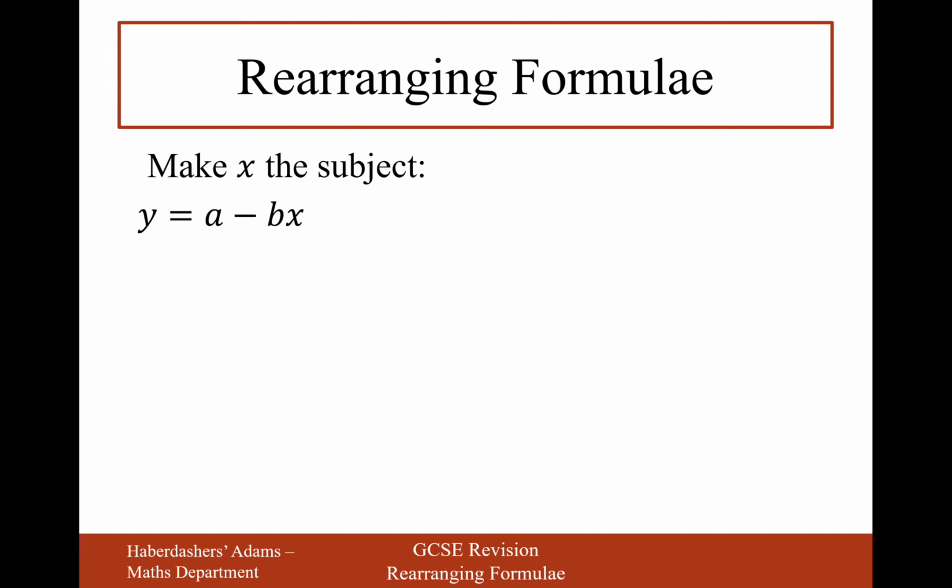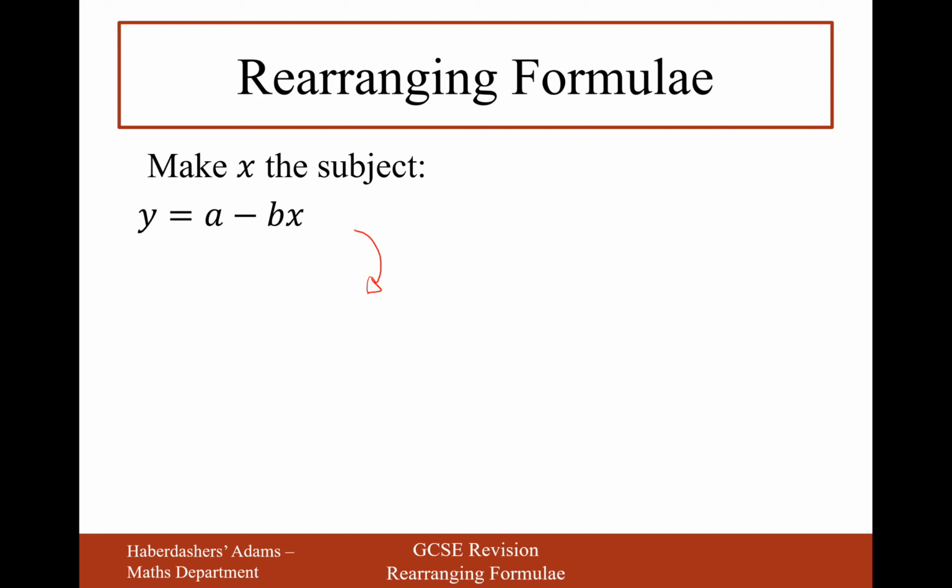Y equals A minus BX. Okay, so here's where we're going to learn to do something different. When the X is on one side and it is in a negative position, like this one here, it's minus BX, it's so much easier to make it positive by moving it onto the other side. Now how are we going to move it onto the other side?